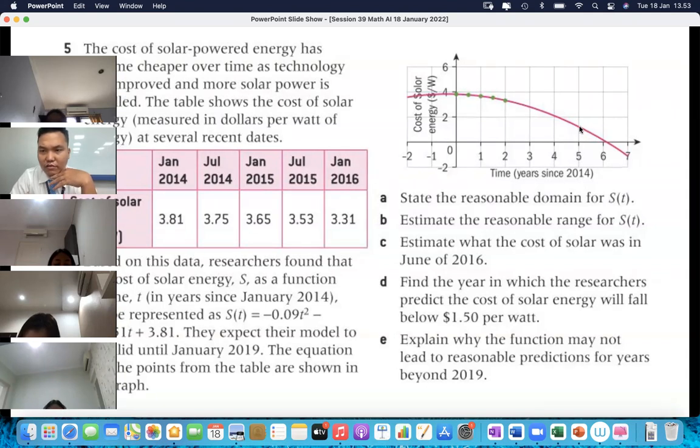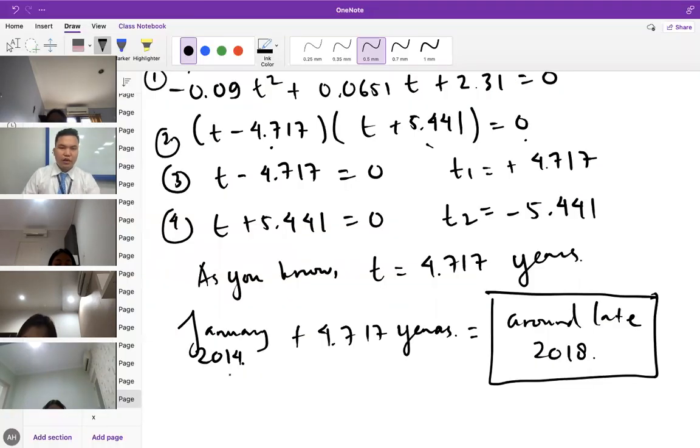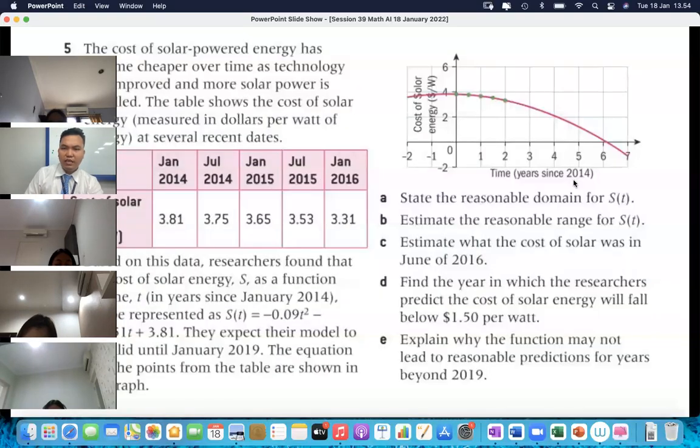After 2019, or after t is equal to 5, your answer is that this will not be reasonable, because if we keep using this line, it is impossible for the price of solar to be negative, right? How come you pay, oh, what's the cost of your electricity? Oh, negative $5. What does it mean? It's impossible. That's not the case.